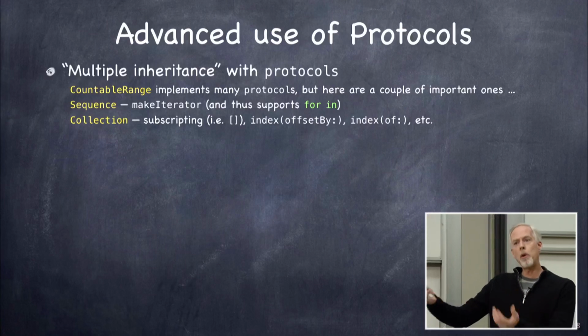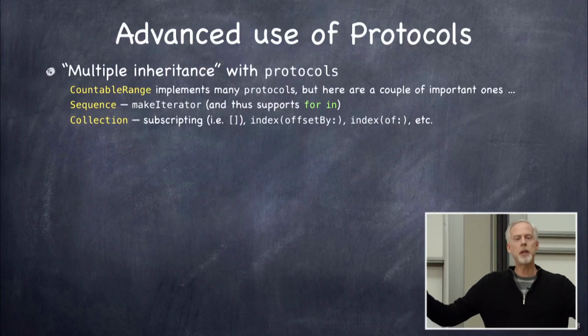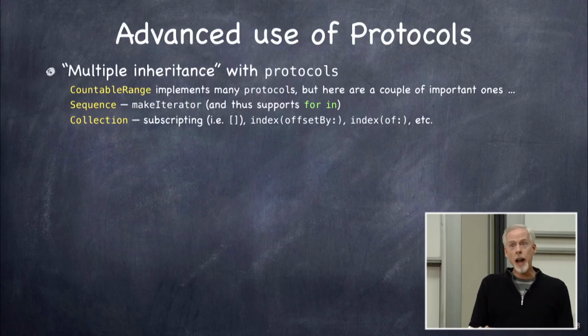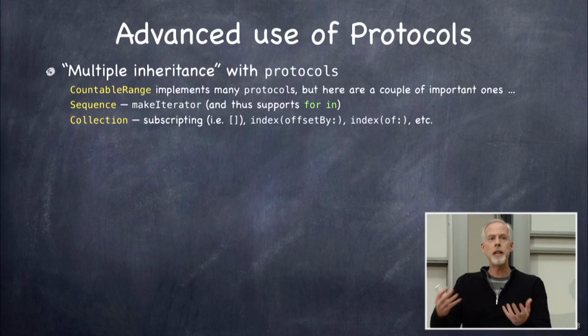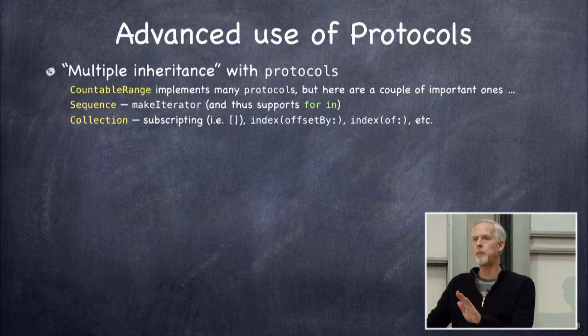But that lets you do for in. Anything that implements the sequence protocol can do for in. Okay, just like anything that's hashable can be a key in a dictionary. And then collection has even more methods. All the indexing, subscripts, all that stuff is all in the collection protocol.